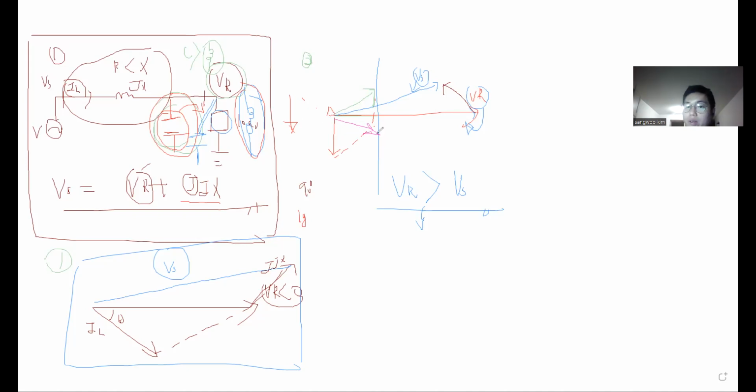So what happens here? If we add 90 degrees here, almost here, right? 90 degrees. So if we add it here, this is I jX, right, for this drop. And then we draw here.